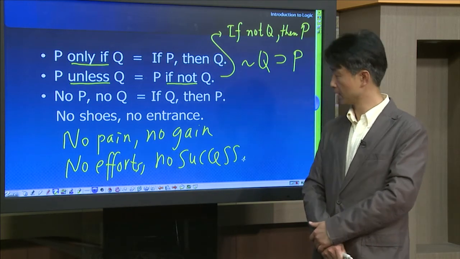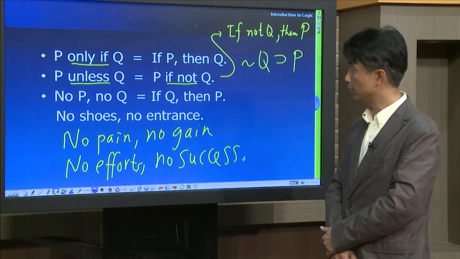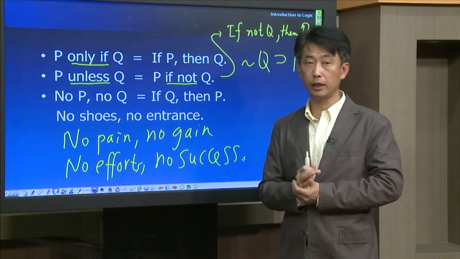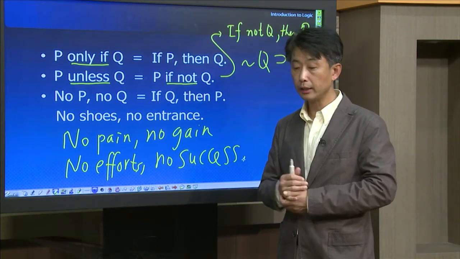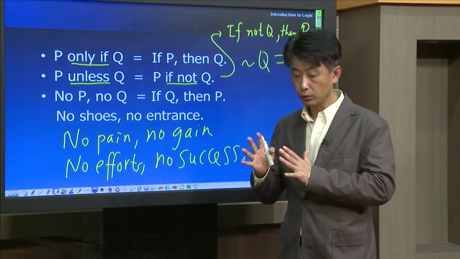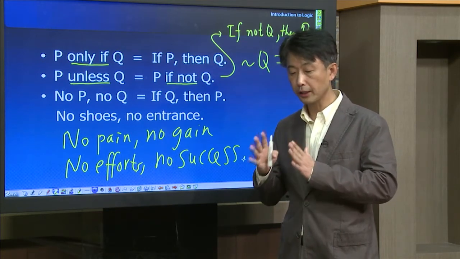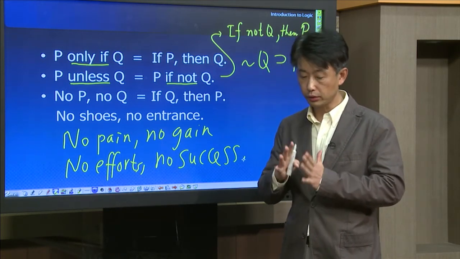All right. So there are a variety of expressions in English that express hypothetical propositions, and you have to know how to translate them, how to figure out which is necessary and which is sufficient.